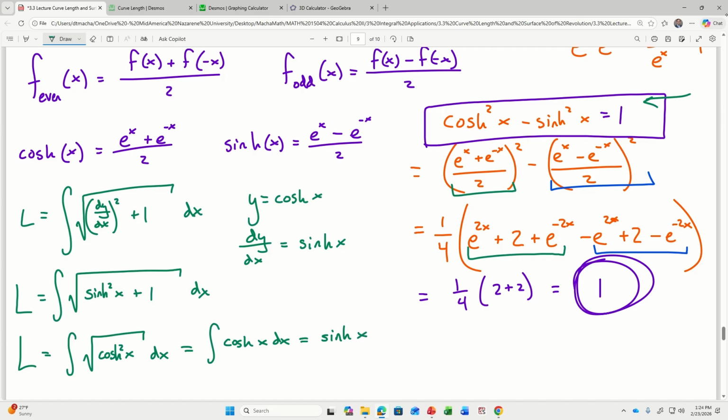The lower bound was -1 and the upper bound was +1, so I'm evaluating sine hyperbolic at 1 and at -1 and subtracting, and you get the difference here.